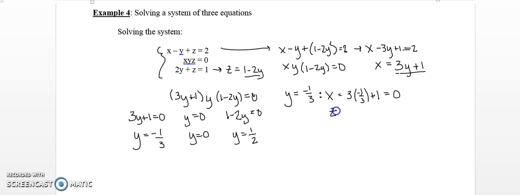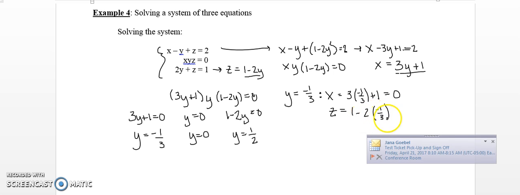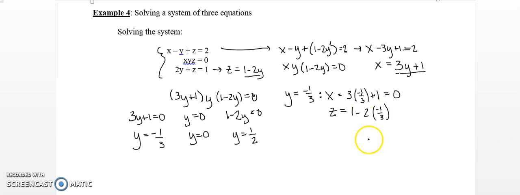And z, this is really nice because this z only uses y. So z is 1 minus 2 times negative 1/3. Negative 2 times negative 1/3 is a positive 2/3. 1 plus 2/3 is 5/3.